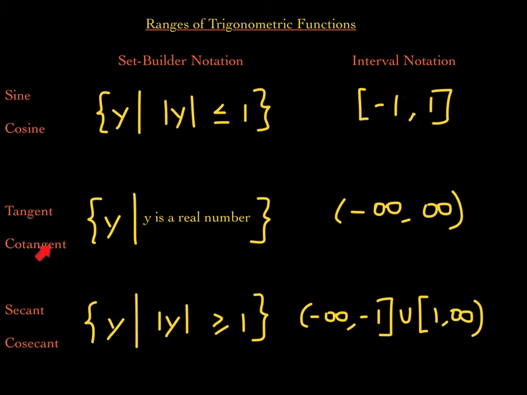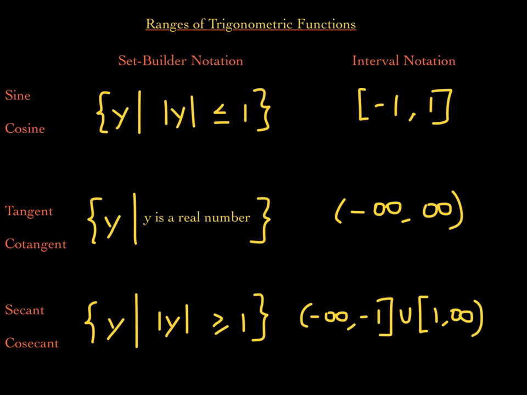Tangent and cotangent, we said y is any real number. So this is set builder notation. Let me show you how to read this: the set of all y such that y is a real number. In interval notation, all real numbers, okay? Let me go back here. I forgot to read this for you. The set of all y such that the absolute value of y is less than or equal to 1.